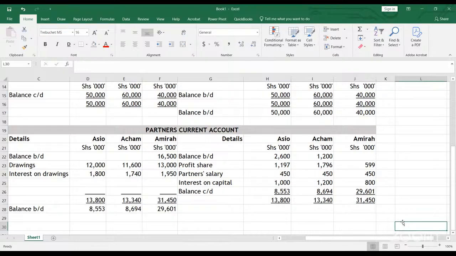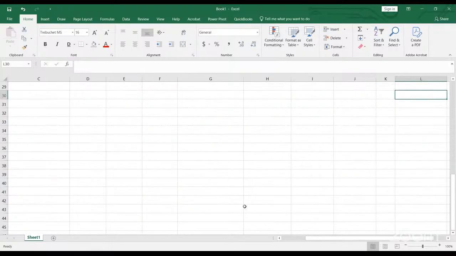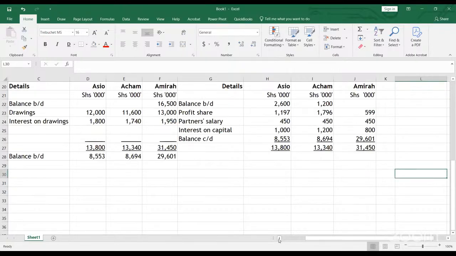We can do that. So that's it. Now let us do the balance sheet very fast, and then we call it a Saturday. Our session should be ending at 8, but I think we can do the balance sheet and then we complete the full question, such that next time when we meet, we look at something else. How do you see? Let us do the balance sheet very fast.